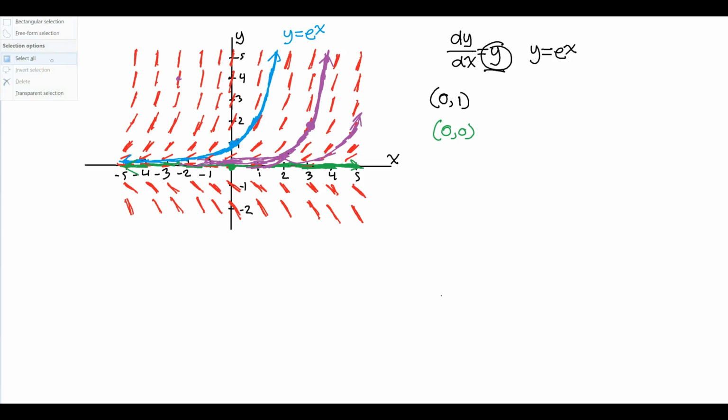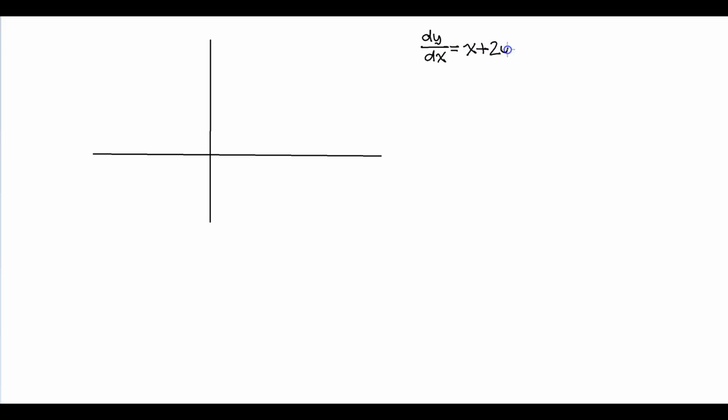So let's do another slope field. We're going to construct another slope field. Let's construct the slope field of dy/dx equals x plus 2y.